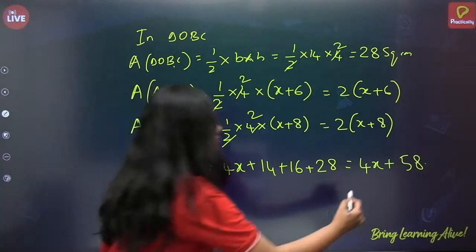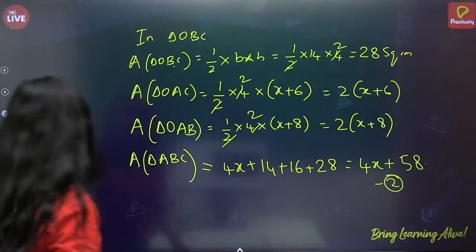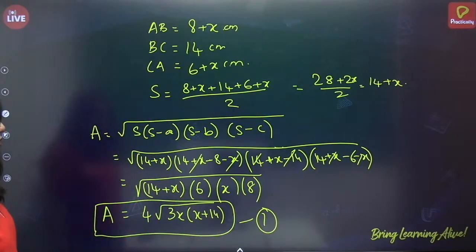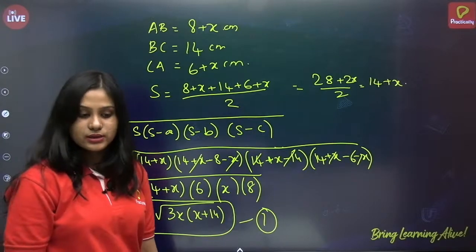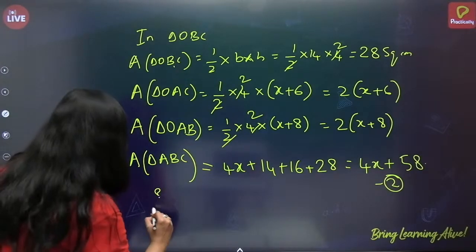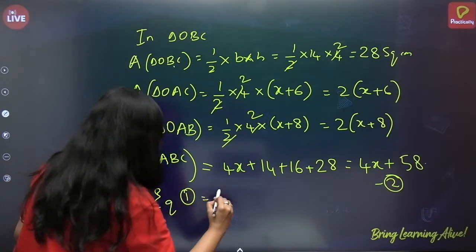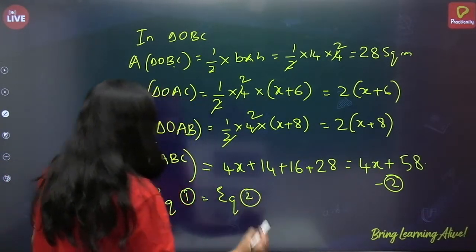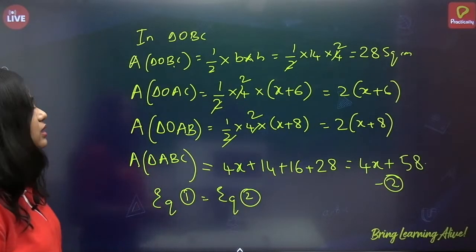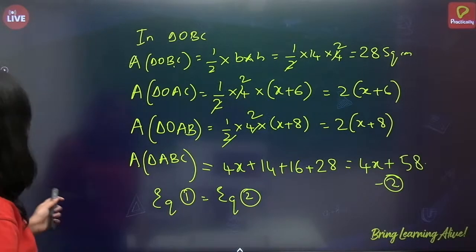Now let me name this as equation 2 and this as equation 1. So we have to equate it, correct? Let us do it. So equation 1 equals equation 2 because both are the areas of the same triangle ABC. So let us equate it.